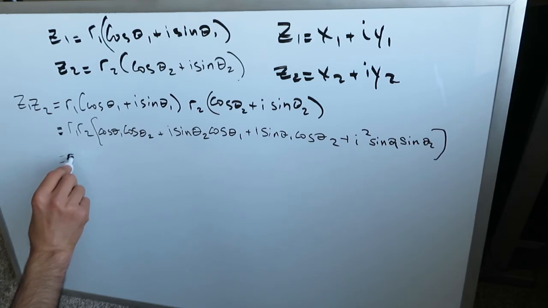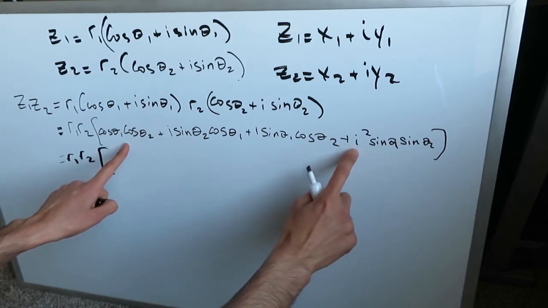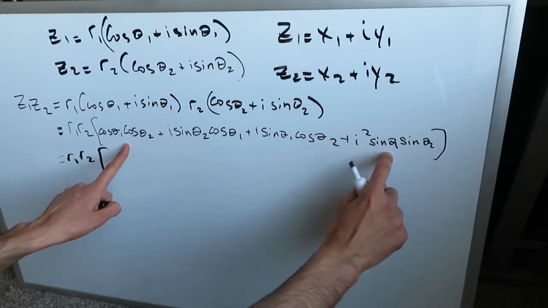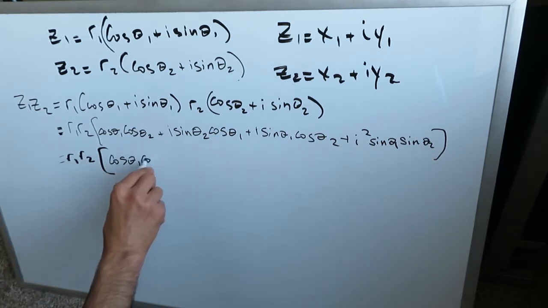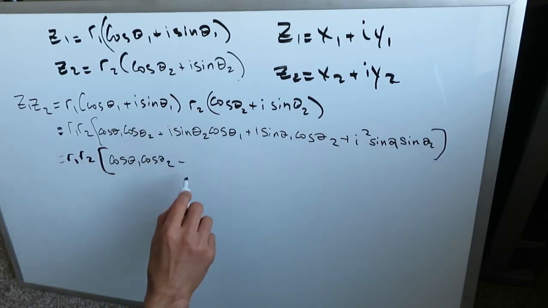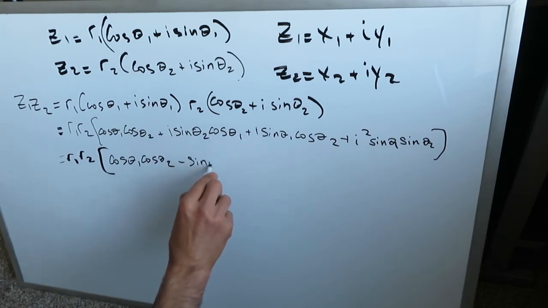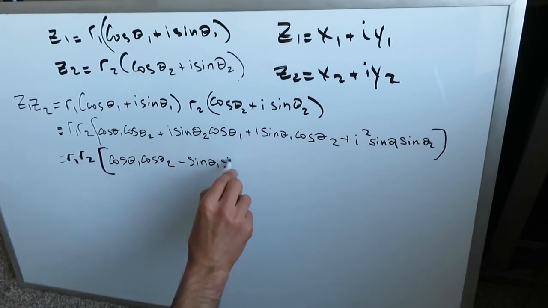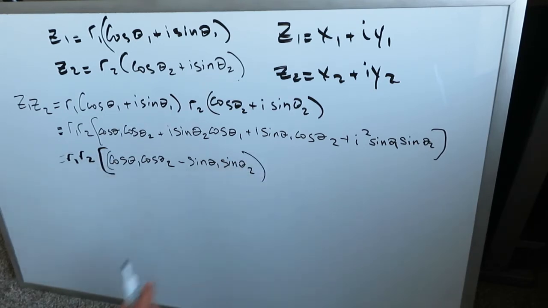So you have r1 and r2. Let's bring these two like terms together. This I square is equal to negative 1, so it will minus this out. You get cosine theta 1 cosine theta 2 minus, remember I square is equal to negative 1, with that we'll minus it out, minus sine theta 1 and sine theta 2. Now look what I'll do. I'm going to parenthesize this part separately.